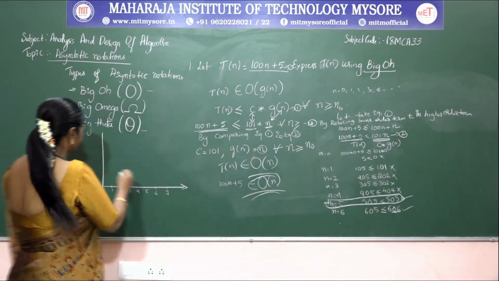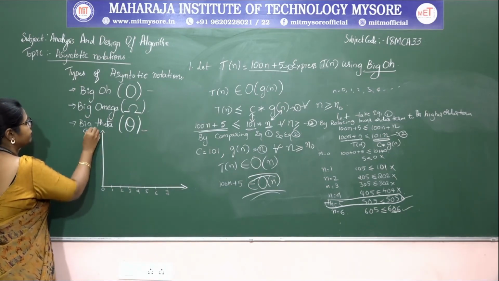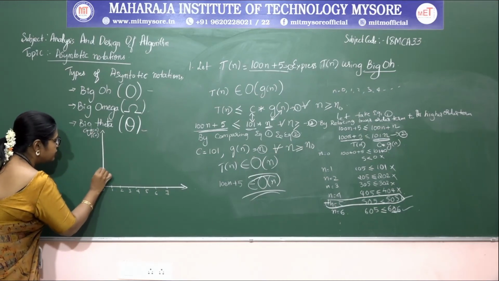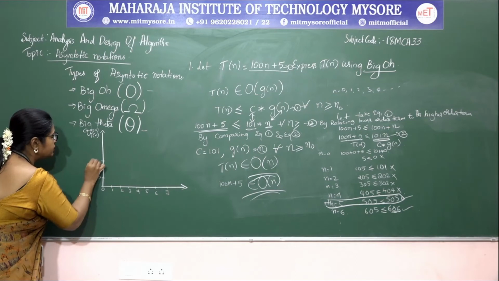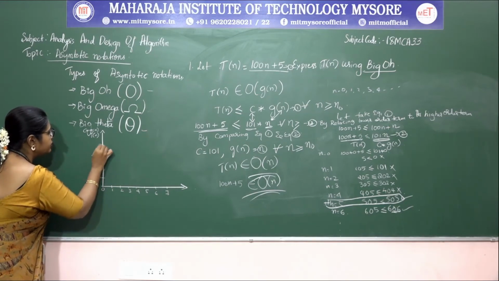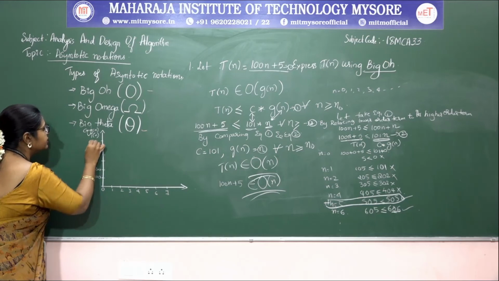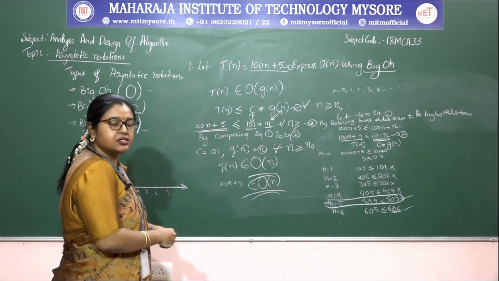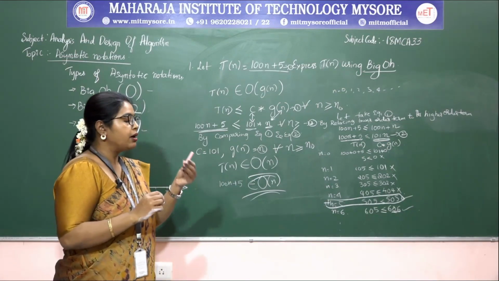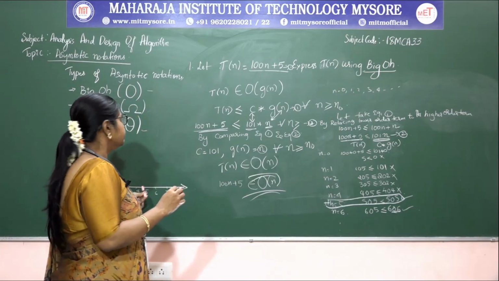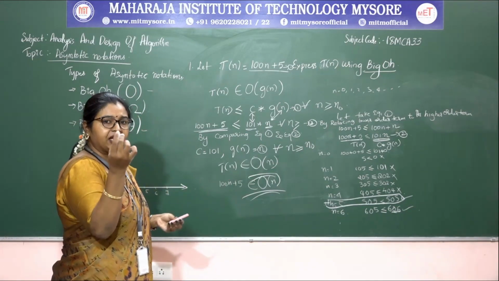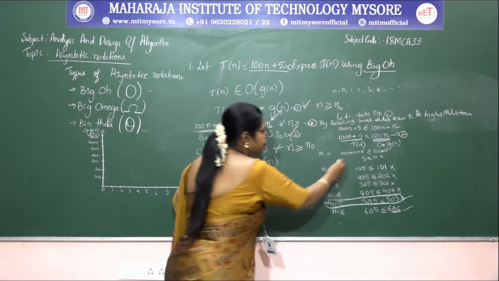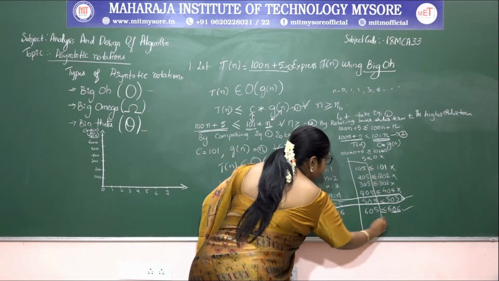Just to mark the points, I am using these values. I am going to use pink color for the T of n curve, and white color for C into G of n.